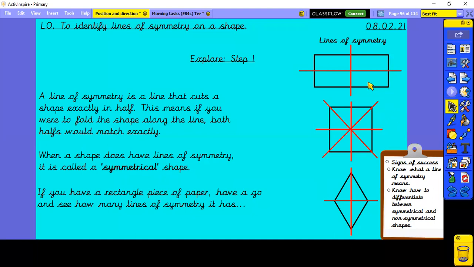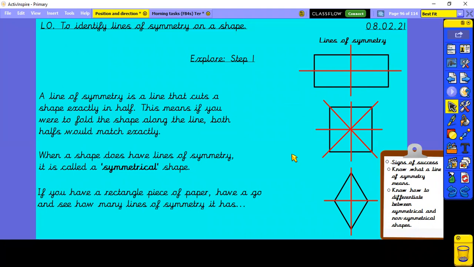If I look at this rectangle here, if I was to fold the shape along this horizontal line, both of my folds would be exactly the same, and it would be the same if I did this line here as well. If I folded these two halves, they would look exactly the same. And when a shape does have lines of symmetry like these, it's called a symmetrical shape. These shapes here are all symmetrical shapes because they have lines of symmetry.